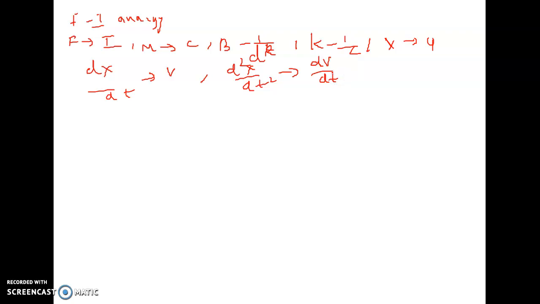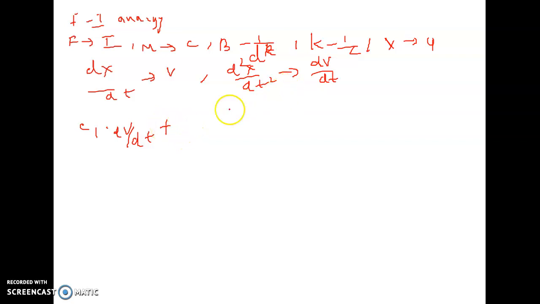We have the expression as m1 into d square x1 by dt square. So m1, that is c1 into d square x1 by dt square, that is c1 into dv by dt, plus we have b1.